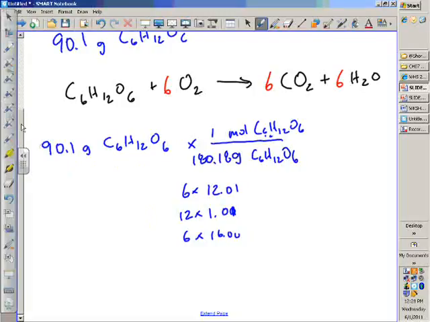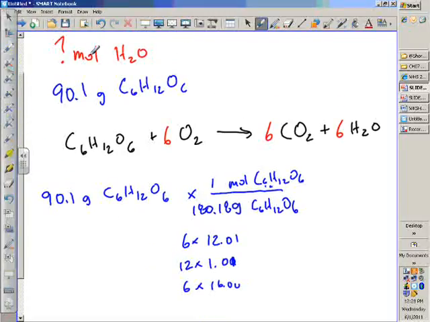No, because we said we're looking for moles of water. So, another conversion factor. What's going on the bottom of this conversion factor? Moles of glucose here, right? And then what's going to go on the top here?